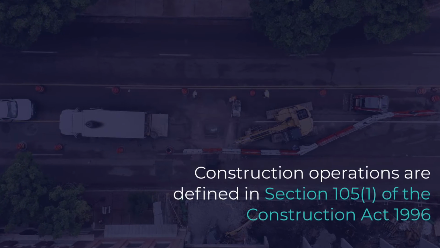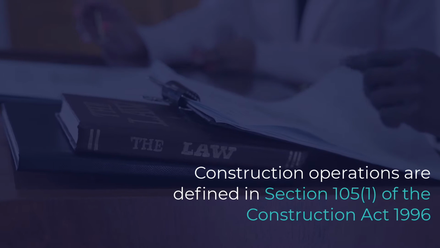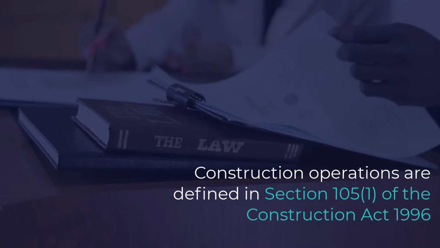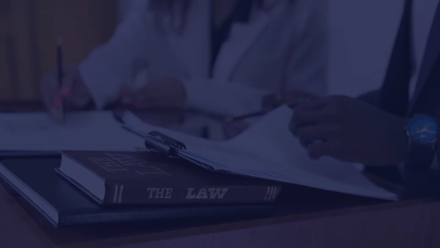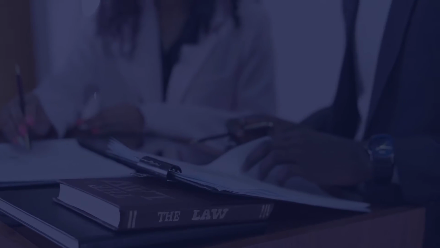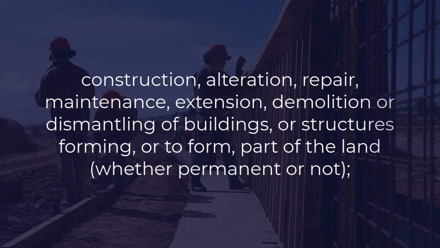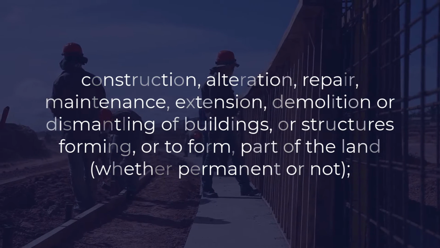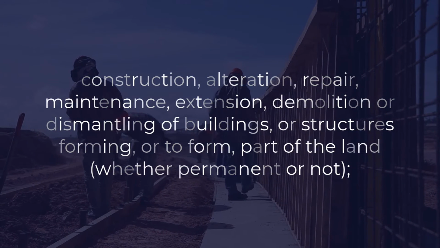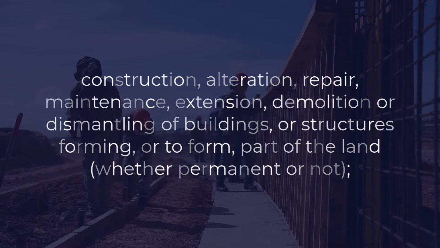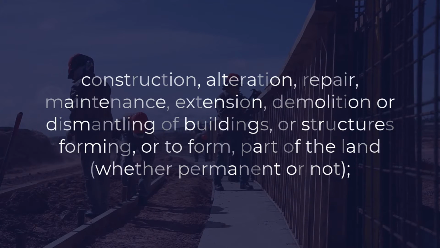Construction operations are defined in Section 105(1) of the Construction Act 1996. Some examples of construction operations include construction, alteration, repair, maintenance, extension, demolition or dismantling of buildings or structures forming or to form part of the land, whether permanent or not.